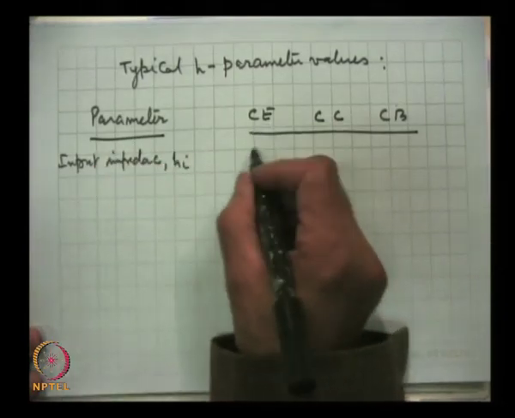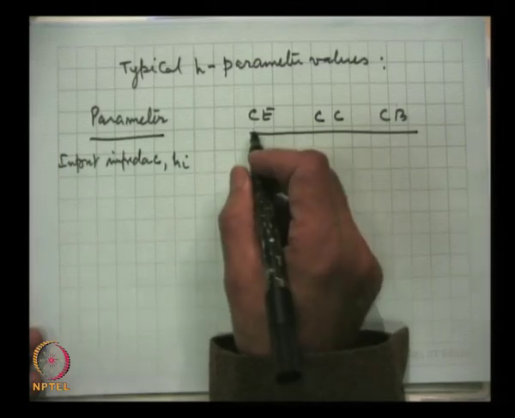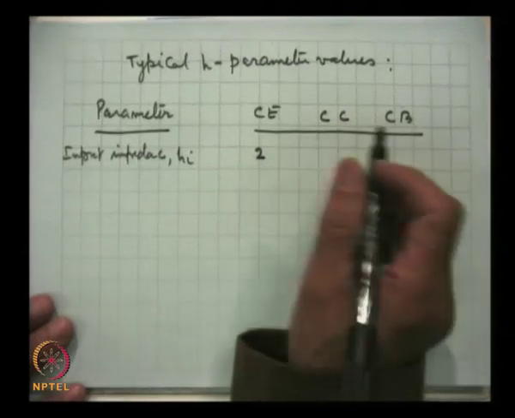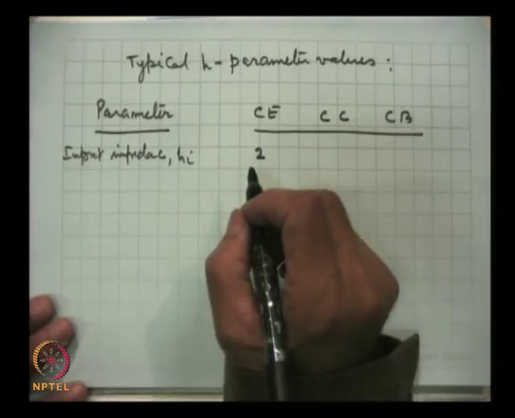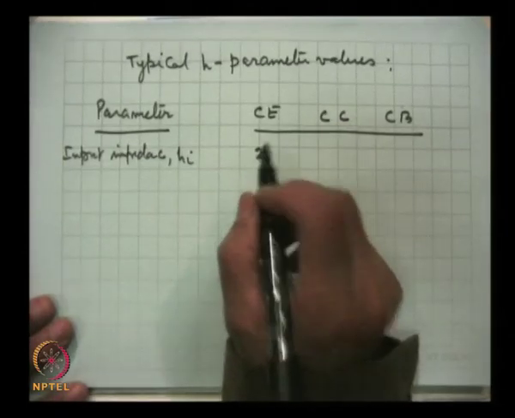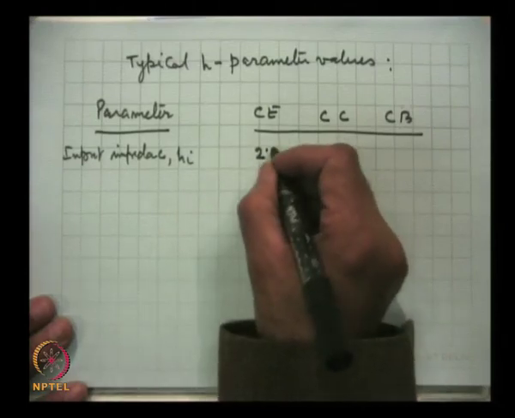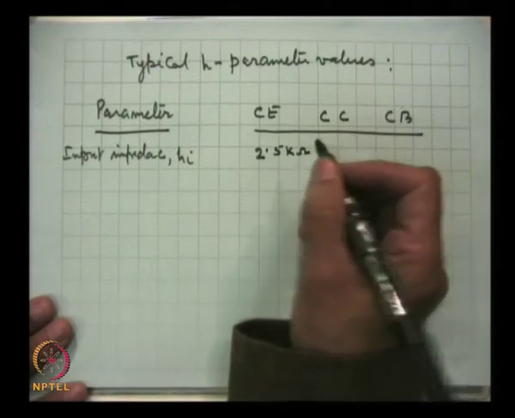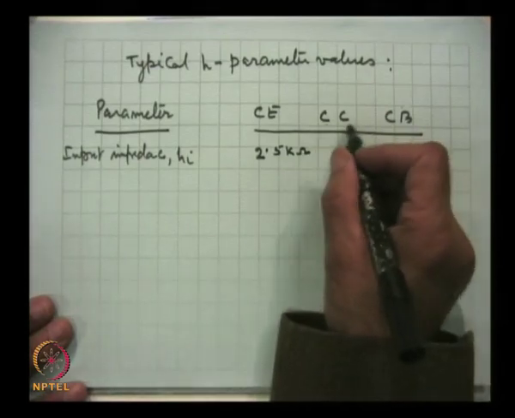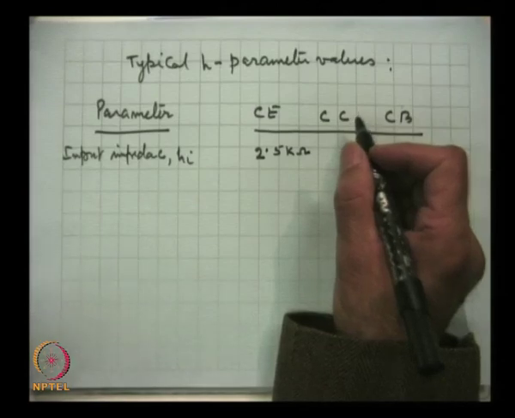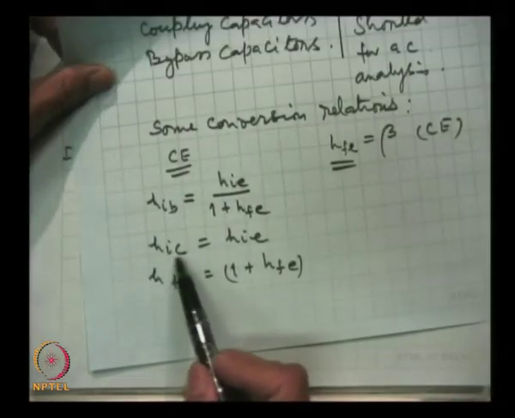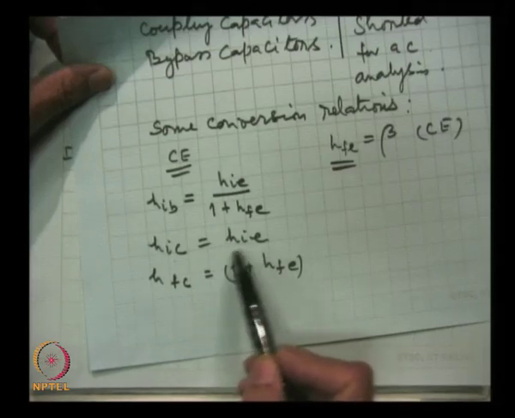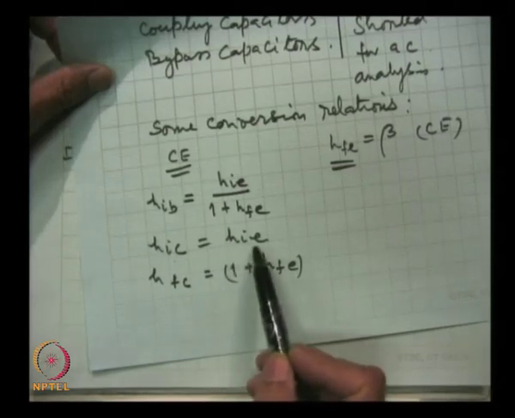Mind it, this may vary from transistor to transistor, but to give you an overall idea about these quantities, I am giving these typical values: 2.5 kilo ohms, while in common collector, as I said, the input impedance is the same as in the common emitter.